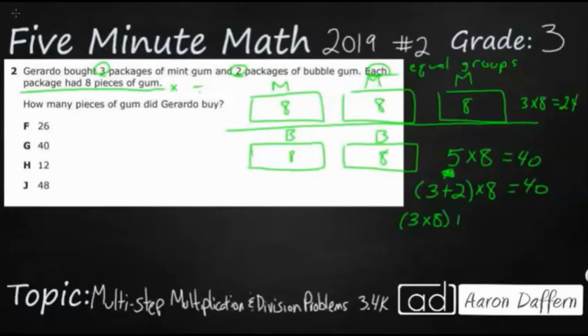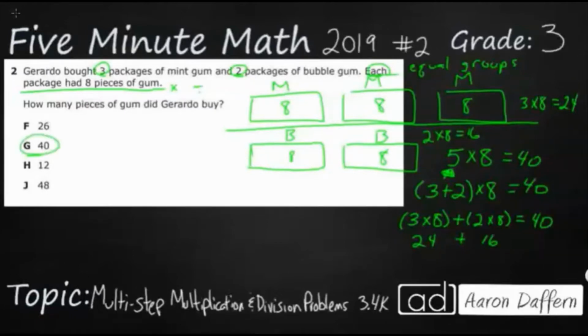And then we add that to our 2 packages of bubblegum, 2 times 8, that's going to make 16. 24 plus 16 is once again going to equal 40. So any way we look at it, our answer here is going to be 40.